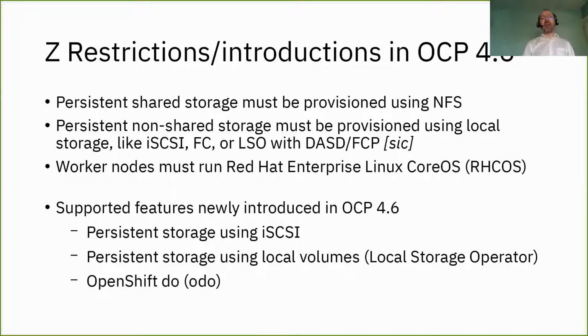So more restrictions and some introductions. So it says persistent shared storage must be provisioned using NFS. So the emphasis there is on the shared part. One of the nice things about OCP, OpenShift, and so on, is that when you deploy a workload, it doesn't matter which node of the cluster it goes to.